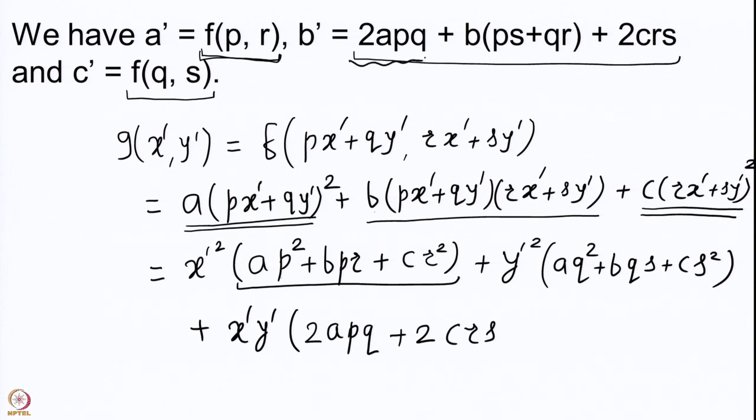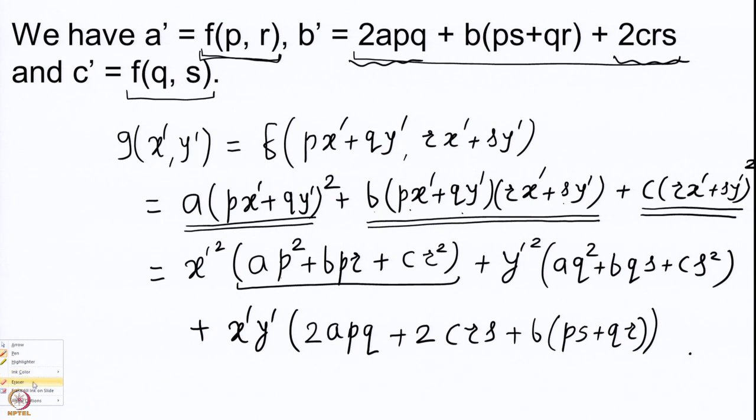So, that accounts for these 2 terms already, and now we get the contribution from this middle term, which will be b into, I can have ps and I can have qr. So, it gives me ps plus qr. So, this completes the description.